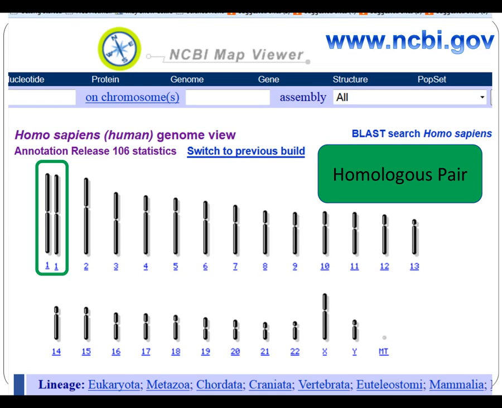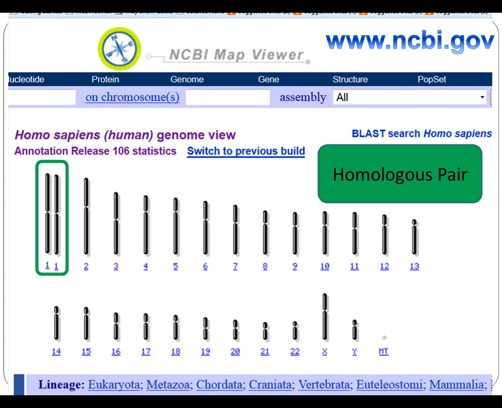Different genes, or we could say alleles. The homologous chromosomes code for the exact same gene: ATP synthase, hexokinase, DNA polymerase, whatever.